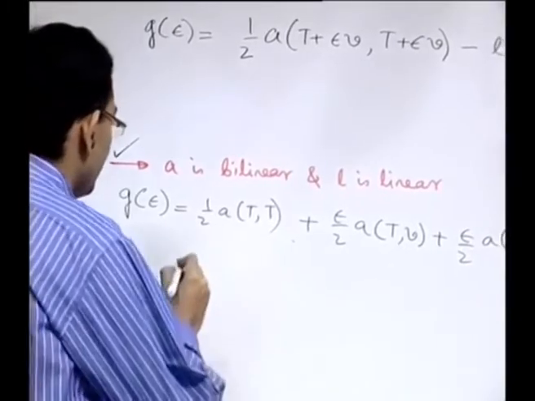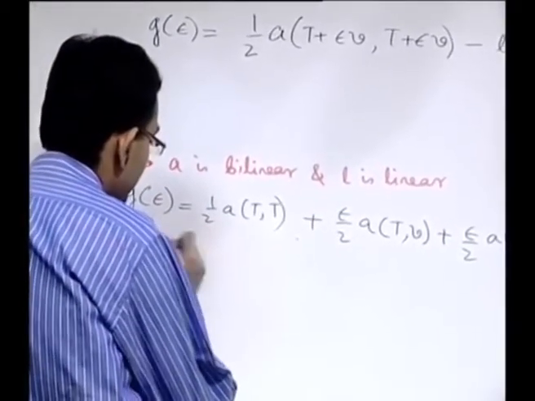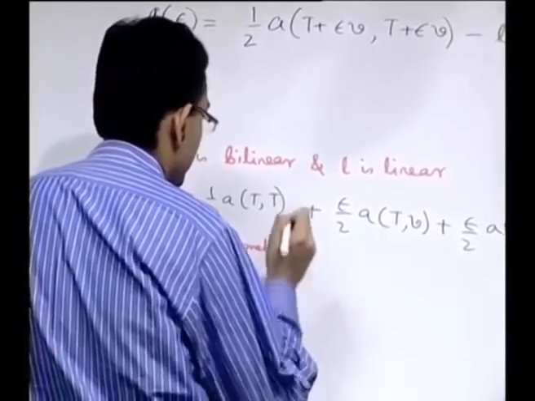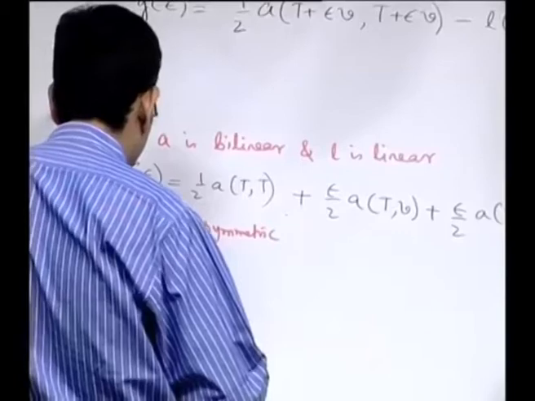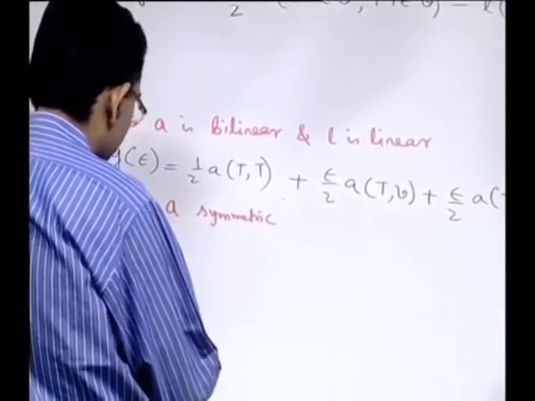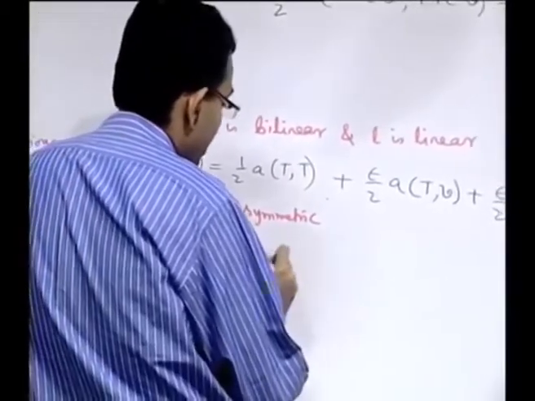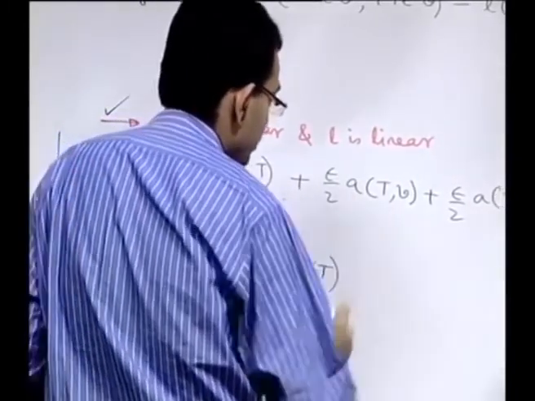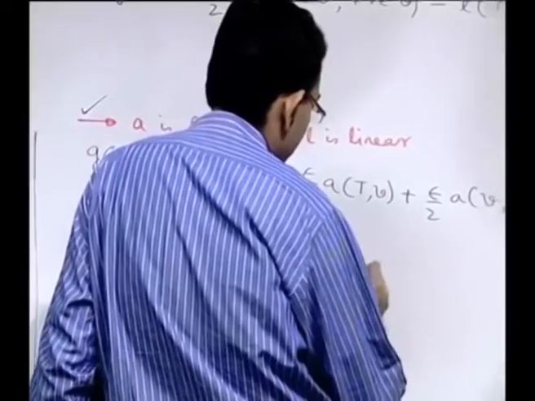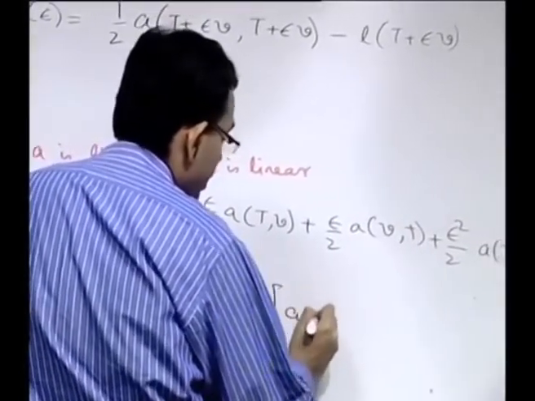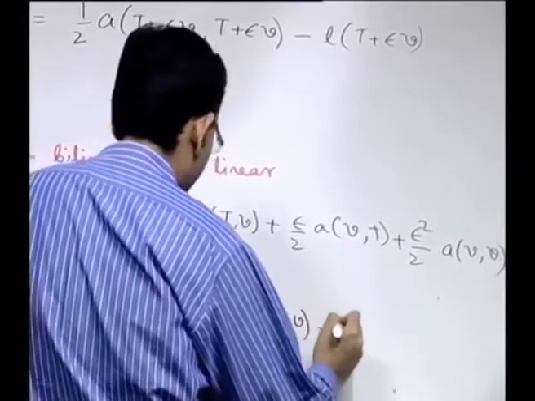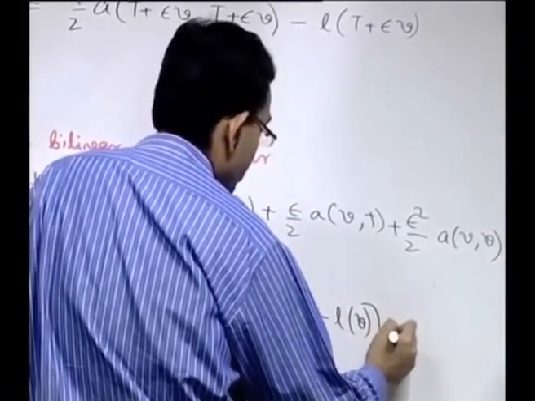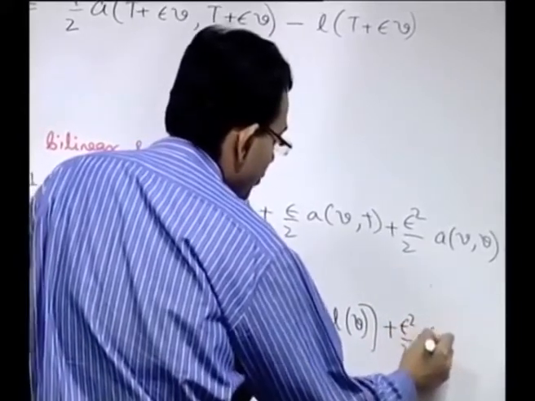So we considered A as symmetric, that means you can write G epsilon is equal to half A(T,T) minus L(T), plus epsilon times A(T,V) minus L(V), plus epsilon square by 2 A(V,V).